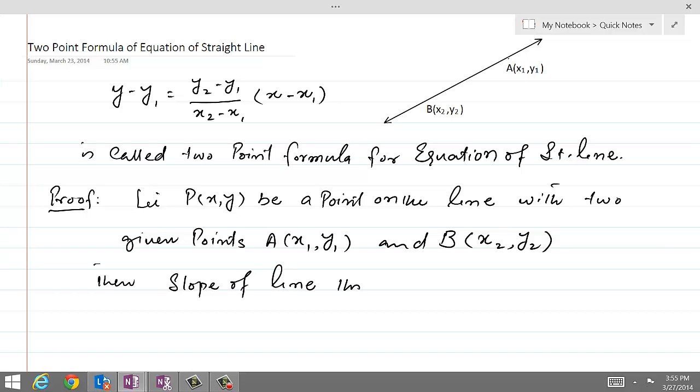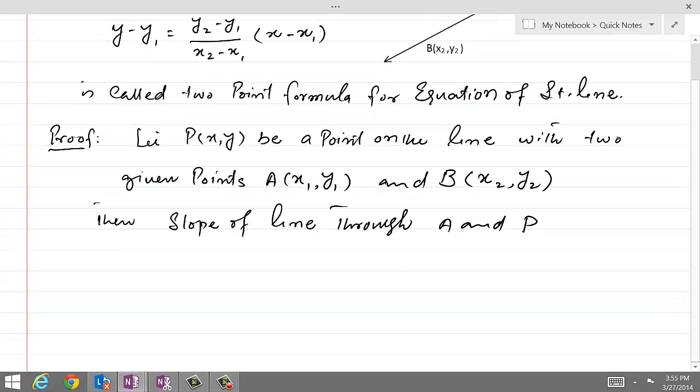Then what will be the slope of the line passing through the points A and P?